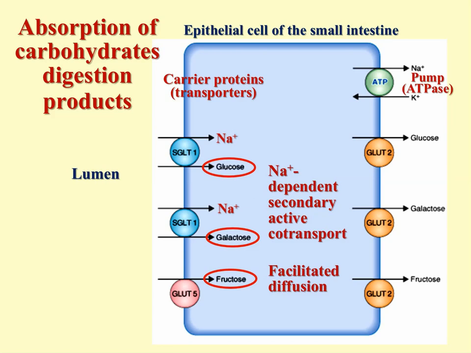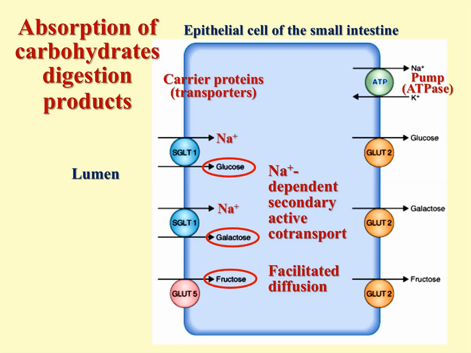Sodium is constantly pumped out of the cell by a regular sodium-potassium pump. And only due to the low concentration of sodium can carrier proteins move sodium inside the cell down the gradient. Sodium is transported into the cell together with glucose. Out of the cell, GLUT2 transporters transport glucose, galactose, and fructose.